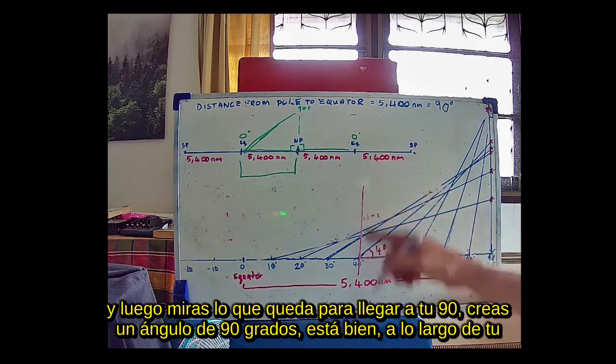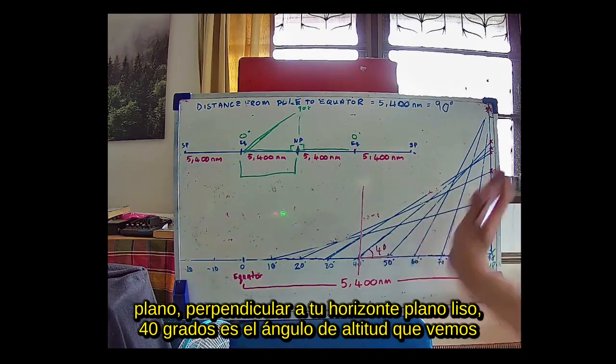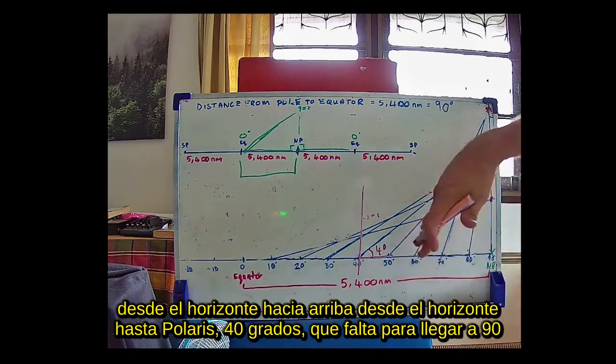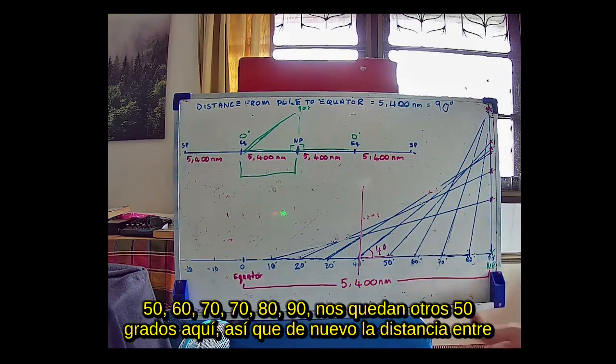You create a 90-degree angle, along your flat plane, perpendicular to your flat plane horizon. 40 degrees is the angle of altitude that we see from the horizon up to Polaris, 40 degrees. What's left over to get to 90? 50, 60, 70, 80, 90. We've got another 50 degrees left over here.